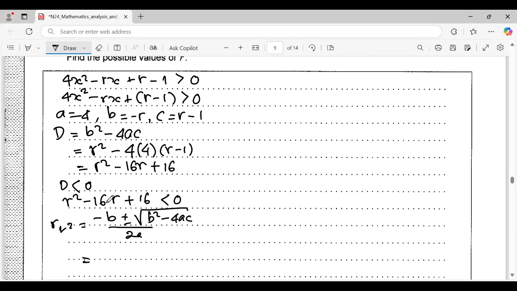Minus of minus 16 is 16, plus or minus the square root of minus 16 squared minus 4 times 1 times 16, over 2 times 1.